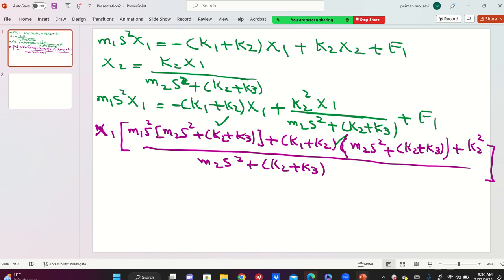Here we go. Everybody agree? And this is equal to how much? F1.